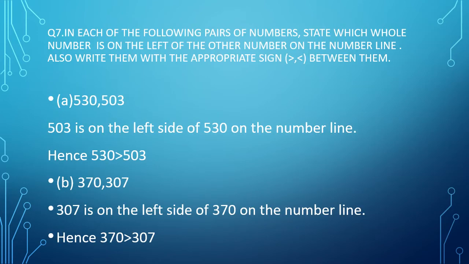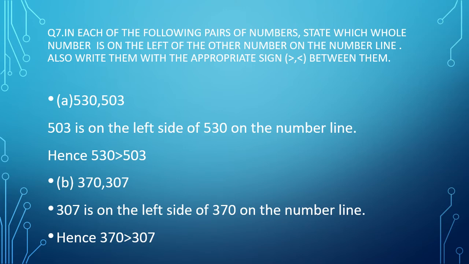Question number 7. In each of the following pairs of numbers, state which whole number is on the left of the other number on the number line. Also, write them with the appropriate sign greater than or less than between them. A. 530, 503. 503 is on the left side of 530 on the number line.